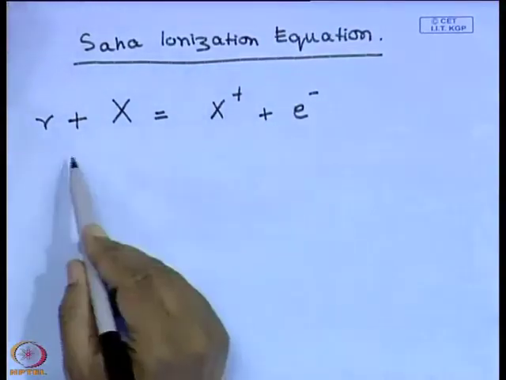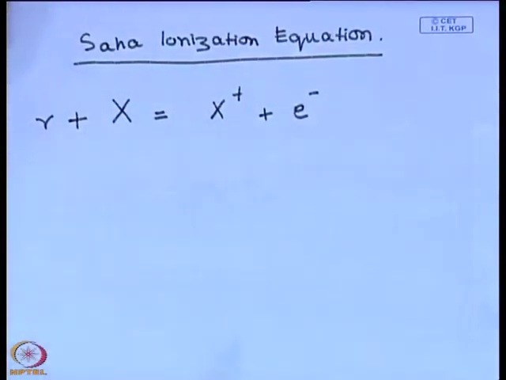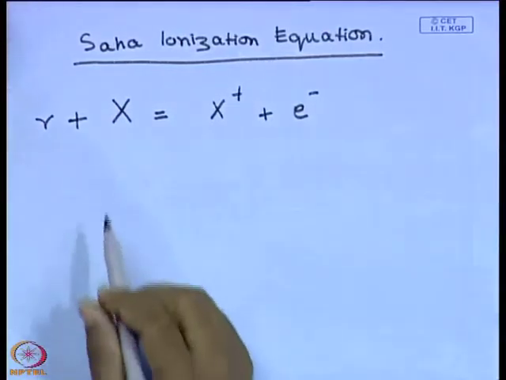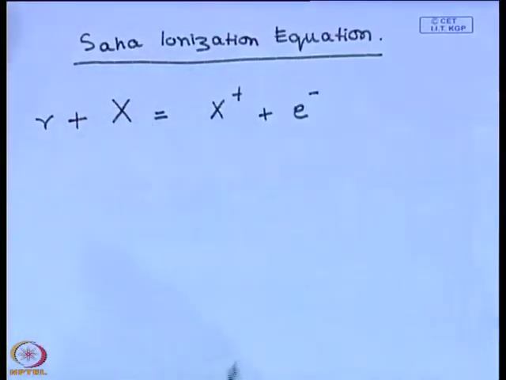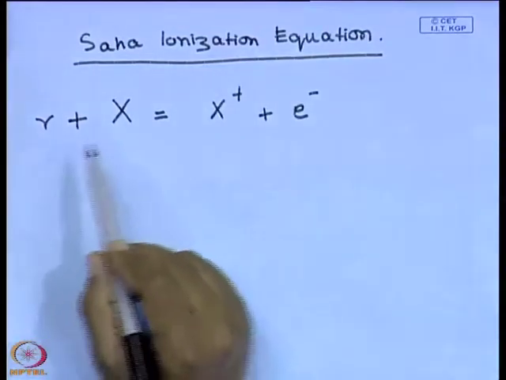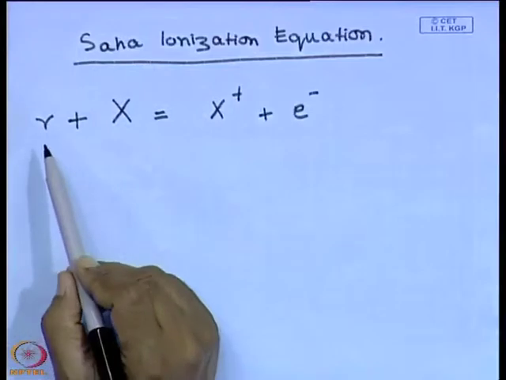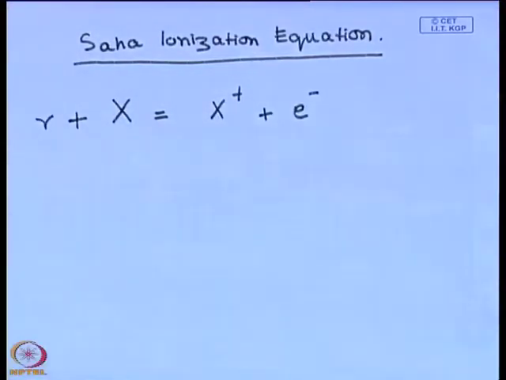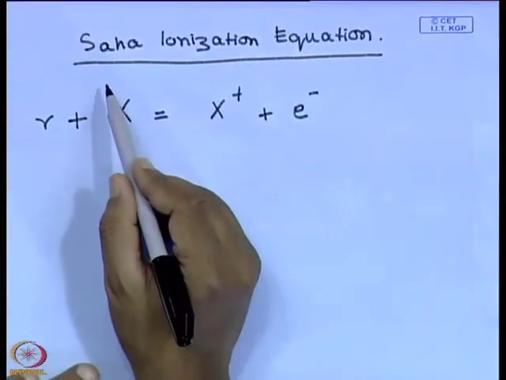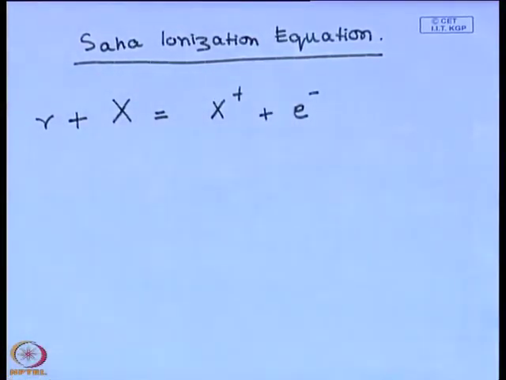In general, we are going to consider a situation like this, and the question that we are interested in is: if I have the whole thing in equilibrium at a temperature T with certain density rho, or number density n, then what is the fraction of the atoms that is ionized? This is governed by Saha's ionization equation, which was worked out first by Meghnad Saha.